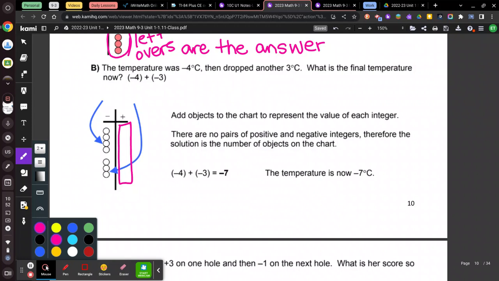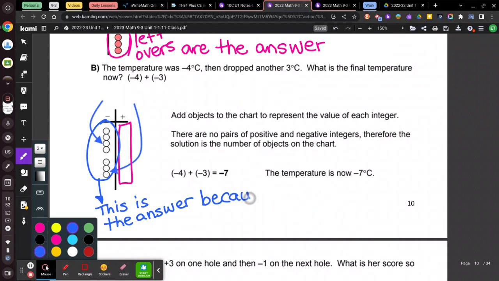So this whole part right here is my answer, because it is the leftovers. There's nothing to cross out, so it would be considered the leftovers. Okay, it is the answer because nothing crosses out.